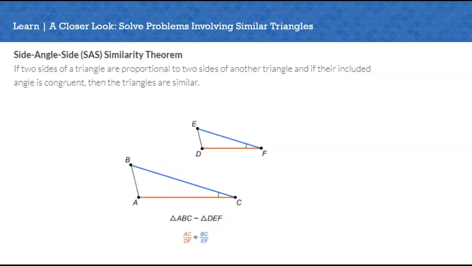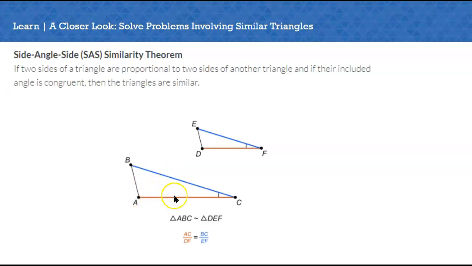We also have the side-angle-side theorem, which has to be proven. This says that if two sides of a triangle are proportional to two sides of another triangle, which is where we have to prove it, and if their included angle is congruent, then the triangles are similar.